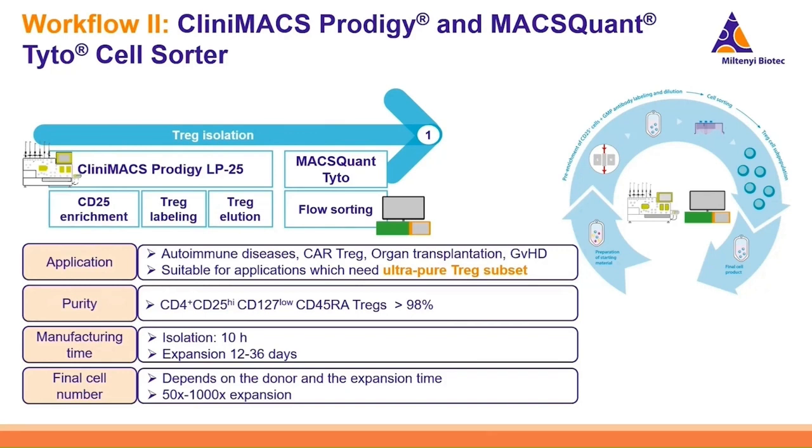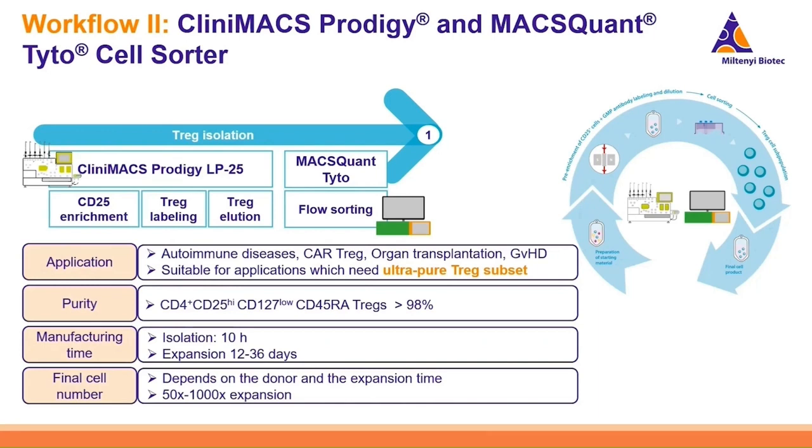This workflow is used in autoimmune diseases, in CAR Treg, and organ transplantation, but also graft versus host disease. And the aim here is to really get out ultra pure Tregs with a purity of more than 98%. The isolation process in this case takes 10 hours, and there is again an expansion phase between 12 and 36 days possible.